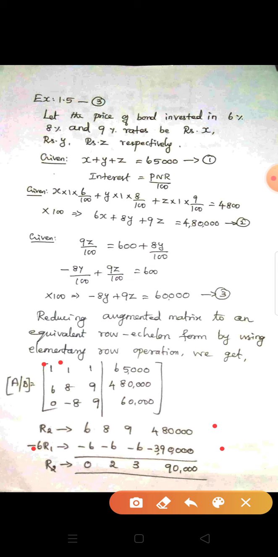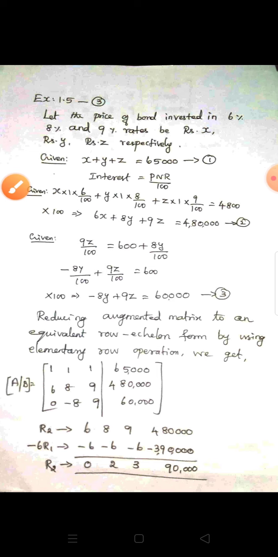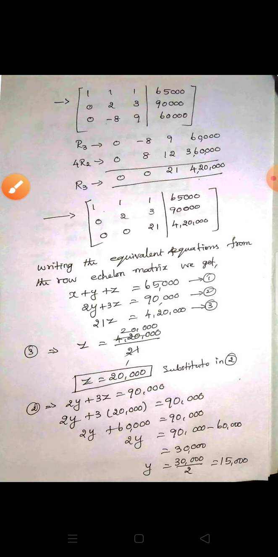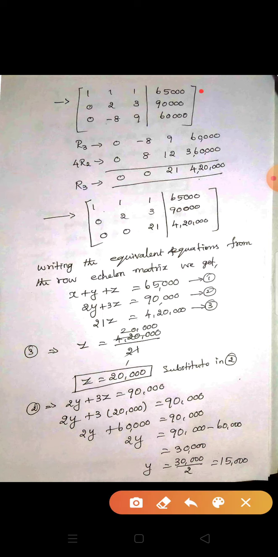Adding these two rows, we get 0, 8 minus 6 that is 2, 9 minus 6 that is 3, 4 lakh 80,000 minus 3 lakh 90,000 gives 90,000. This goes to R2, second row.